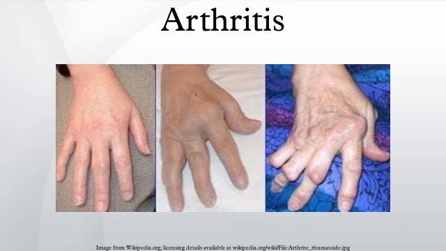An undifferentiated arthritis is an arthritis that does not fit into well-known clinical disease categories, possibly being an early stage of a definite rheumatic disease.